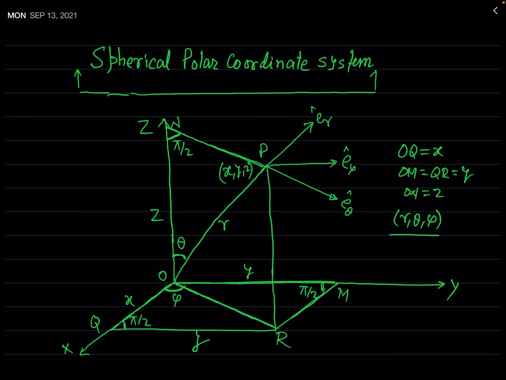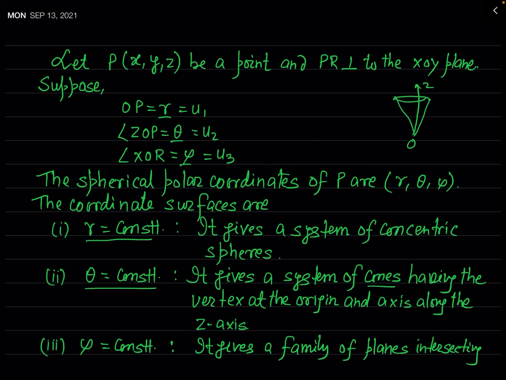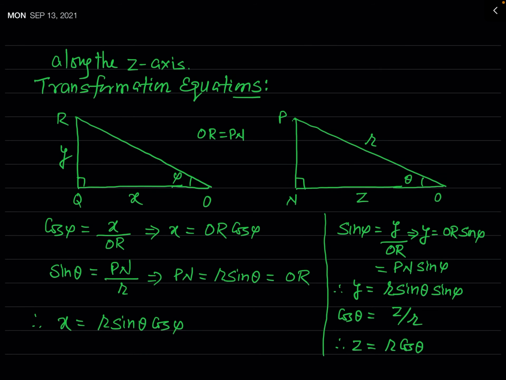Now for getting the transformation equations between x, y, z and r, theta, phi, let us see this figure. In fact, you can see this OQR is a right angle triangle, and the angle at Q is 90 degree, and similarly OPN is also a right angle triangle, and the angle at N is also 90 degree. So I have drawn here those right angle triangles for your convenience in the actual form.